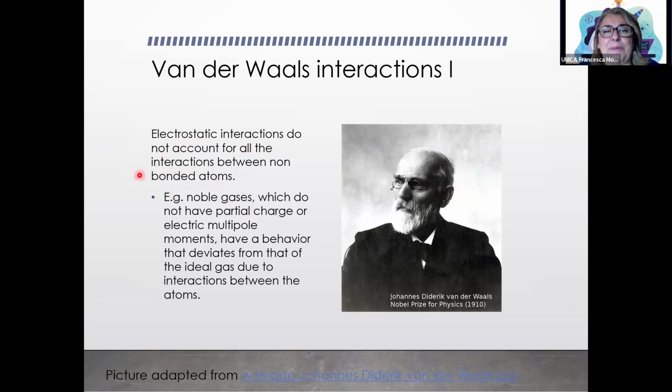We know from basic chemistry and basic physics that noble gases, which do not have a partial charge or electric multipole moments, have, in certain conditions, a behavior that cannot be described using the ideal gas model. And this is due to interaction between the atoms.